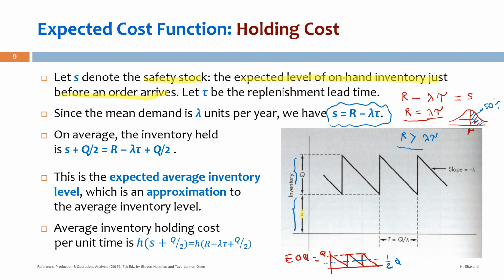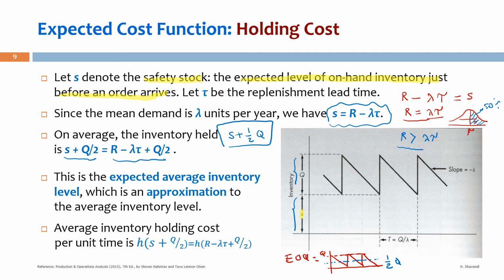So the maximum level of inventory becomes S plus Q, right? And the average level for inventory becomes S plus half of Q, S plus Q over 2, or we can replace S by R minus lambda tau plus Q over 2.